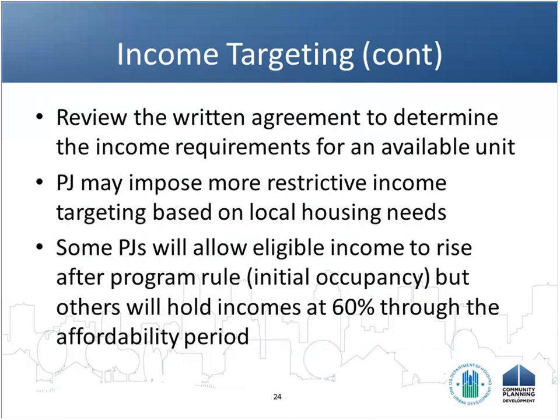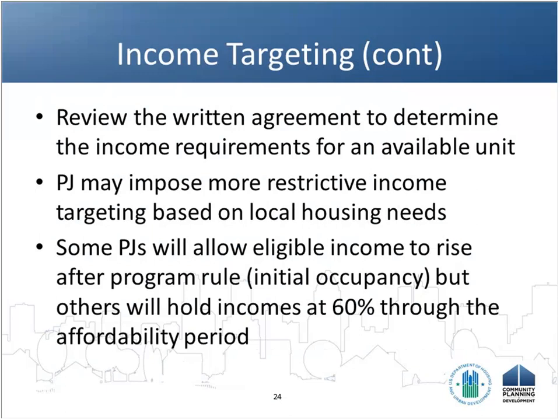So for income targeting, again, on the front end of that project, we're going to be making a designation on what those requirements will be, making sure that the project will be in compliance with our HOME rules, but it also might be that we've targeted those units more specifically to that local housing need.